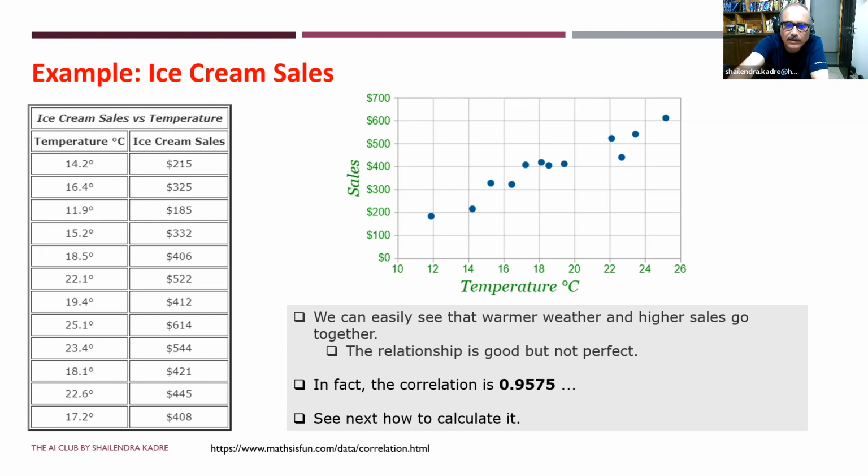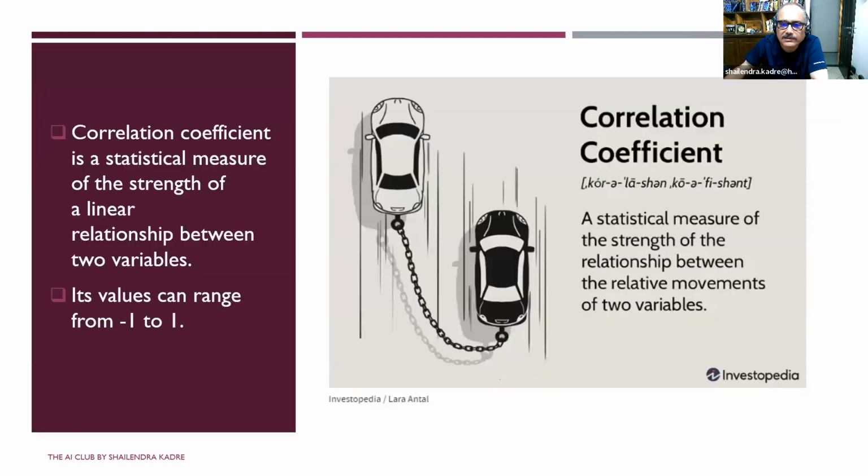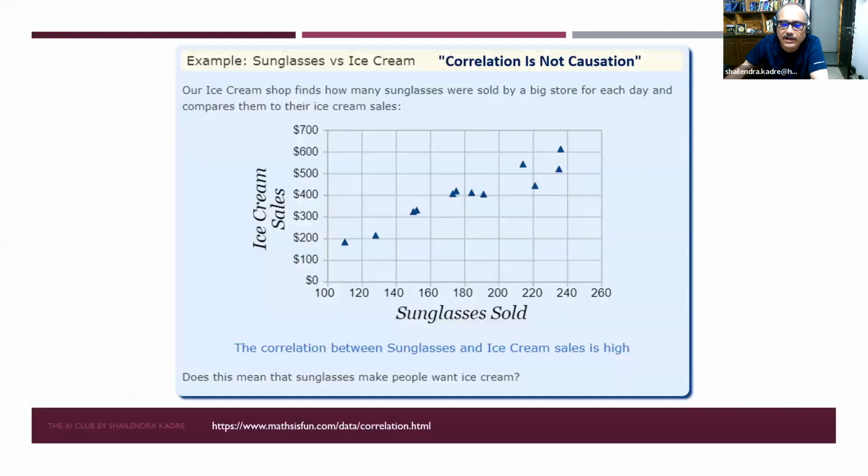Temperature is rising, causing an increase in ice cream sales. I can understand. But here, my sunglass sale is increasing, and ice cream sale is also rising.